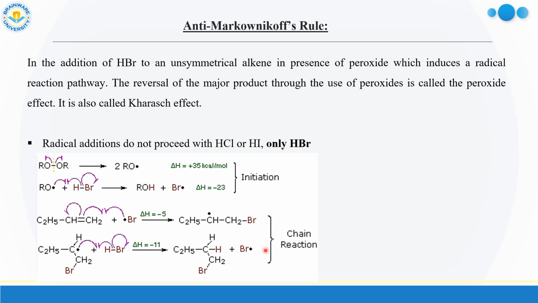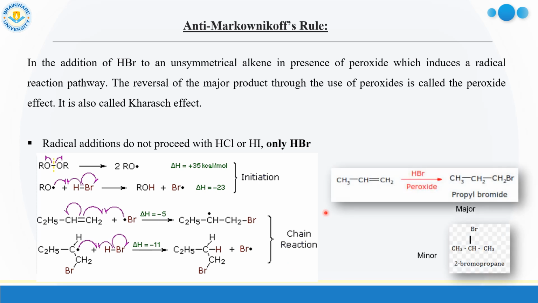Here also the same thinking: which radical will be more stable? We conclude that a secondary or tertiary radical will be more stabilized as compared to a primary radical. So the Br radical gives the product that is more stabilized.